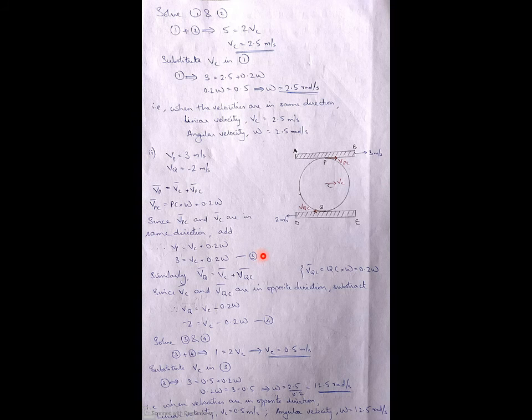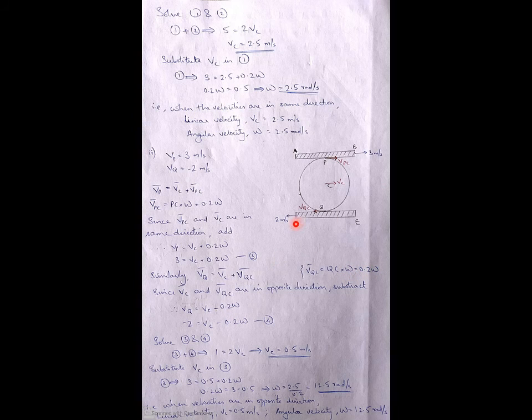Now similarly for velocity of Q, the vector addition is velocity of Q equal to velocity of C plus velocity of Q with respect to C. So velocity of Q, the direction is opposite, which means Vc minus VQC. How to find VQC? It is QC into omega, which is 0.2 omega itself.